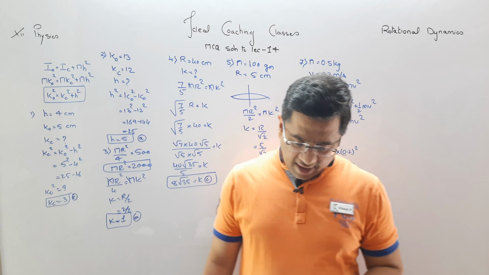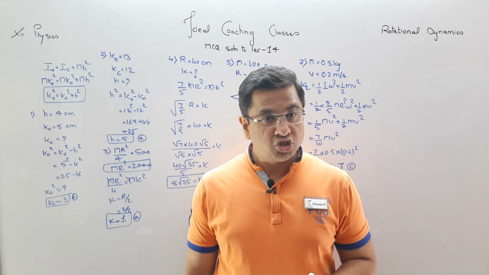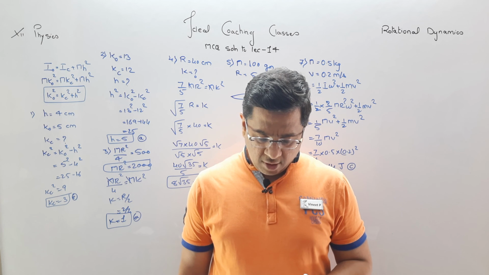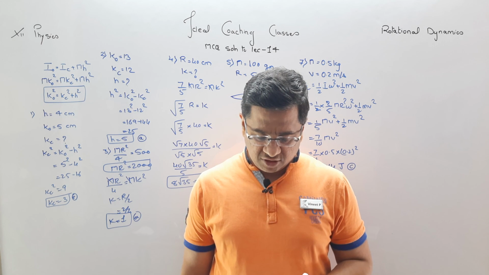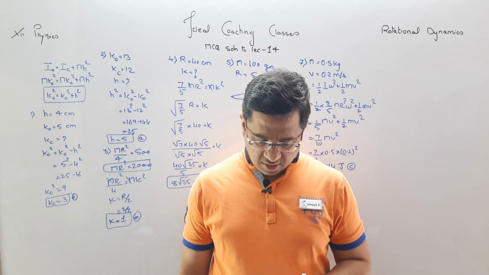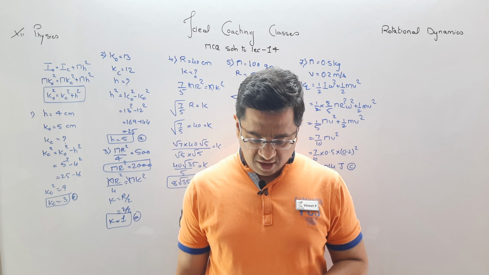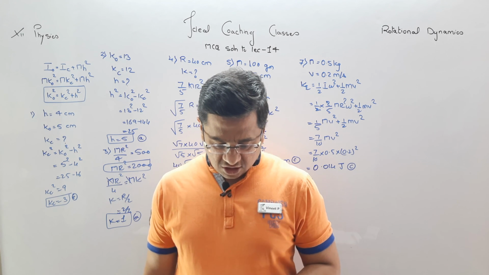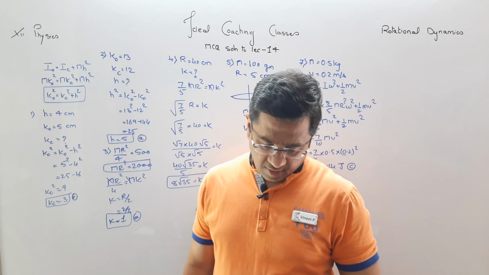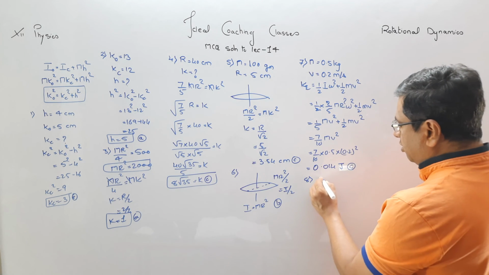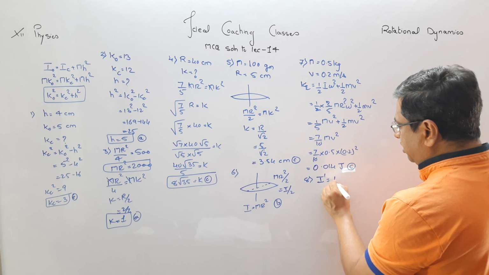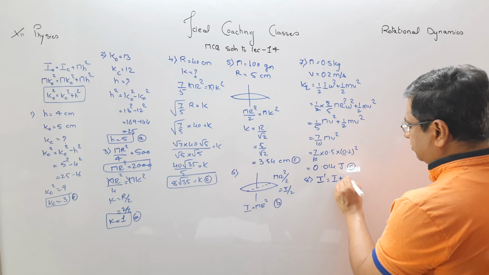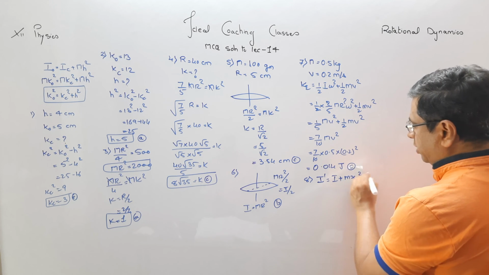If I is the moment of inertia of a solid sphere about an axis parallel to the diameter of the sphere at a distance of x, which of the following graph represents variation of I with x? Moment of inertia, parallel axis, तो क्या आएगा? Moment of inertia new will be equal to I plus m into x square.